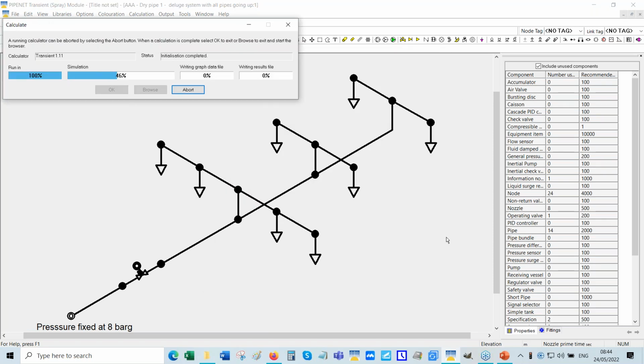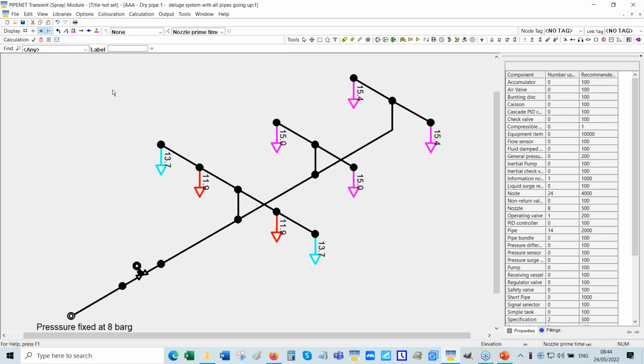The idea is to see what happens if I create more resistance in the nozzle. It's 15.4 seconds, slightly quicker, so I'll make a note of that. 15.4, dry pipe 1.